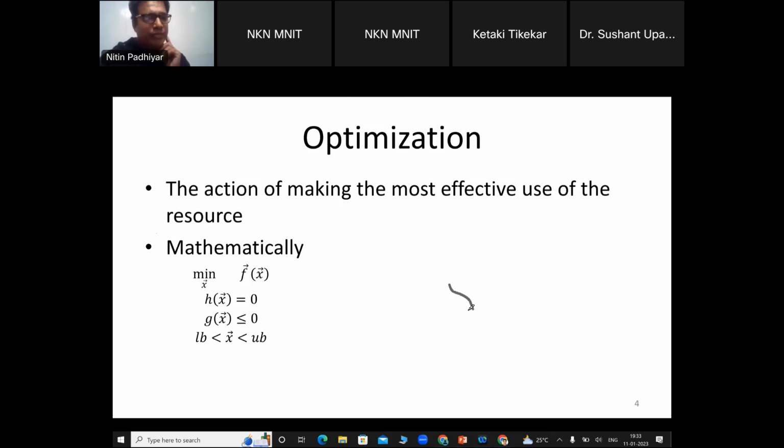If you are with me so far, if I put down the optimization activity, the design activity symbolically, mathematically, this is how we can do that.